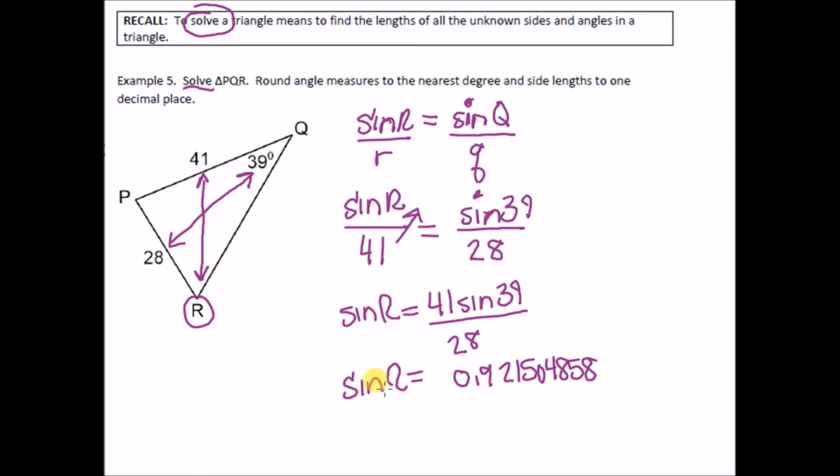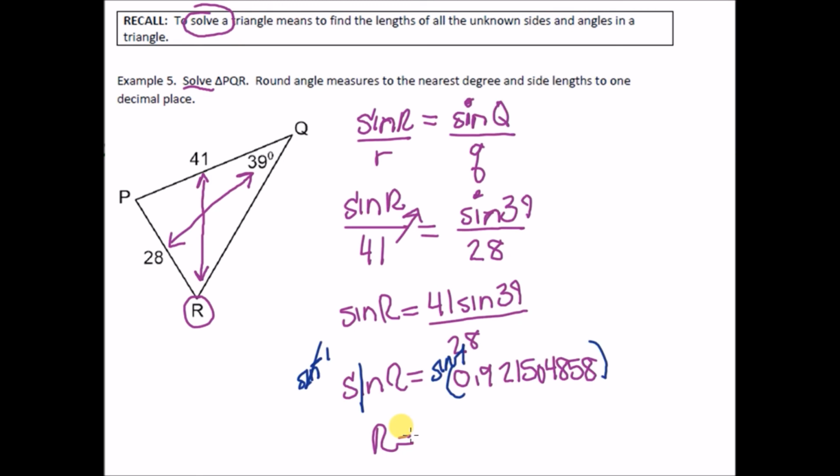So to get R by itself, we cannot divide by sine. What we need to do is sine inverse both sides. Sine inverse and sine cancel out. We are left with R equals, you know what, I just keep that right in my calculator.